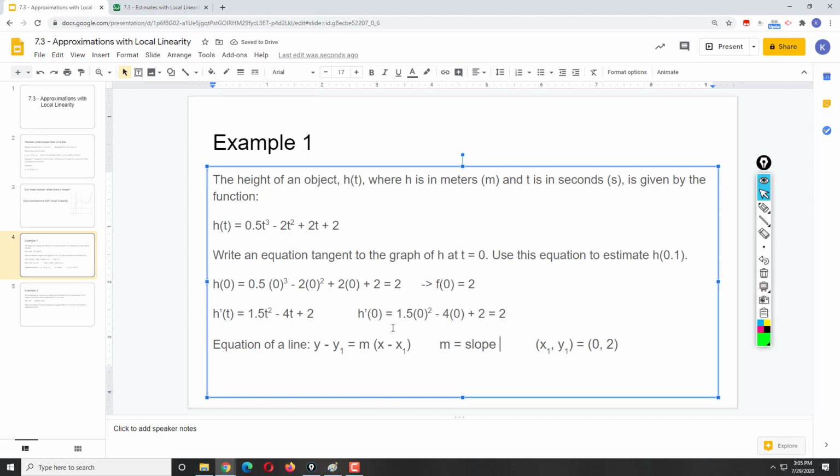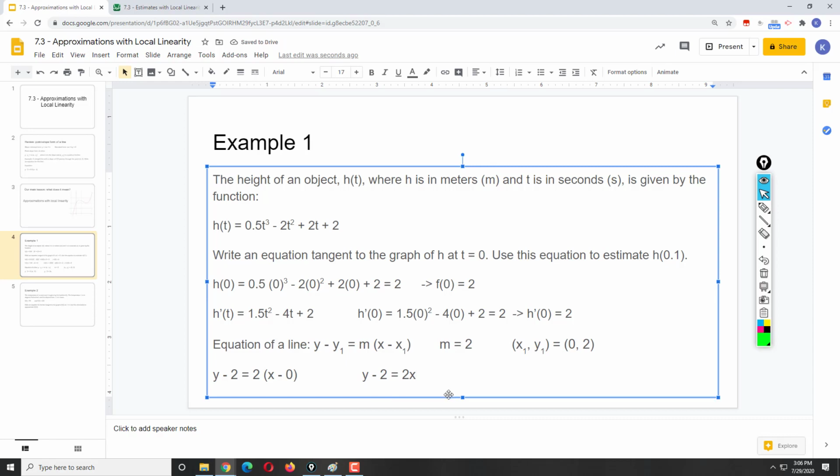So our slope is 2, because h prime of 0 is equal to 2. Plug this into the equation and we get y minus 2 is equal to 2 times x minus 0. That's our equation. We can simplify if we want. We don't have to. If we simplify, that's y minus 2 equals 2x.